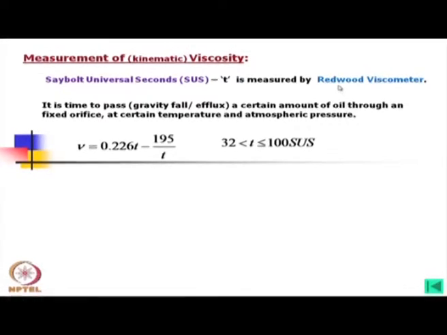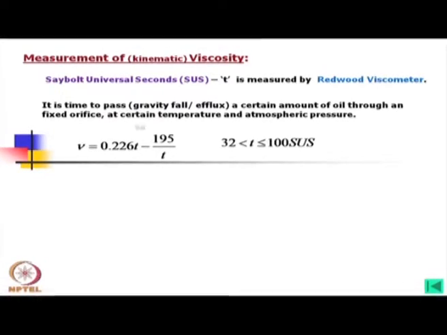There are other instruments, such as the Redwood viscometer, which are also used. Anyway, it has been found that below 32 seconds, that means where the oil is taking less than 32 seconds, the results are erratic.